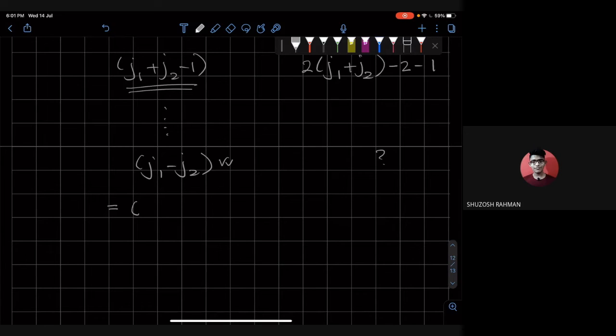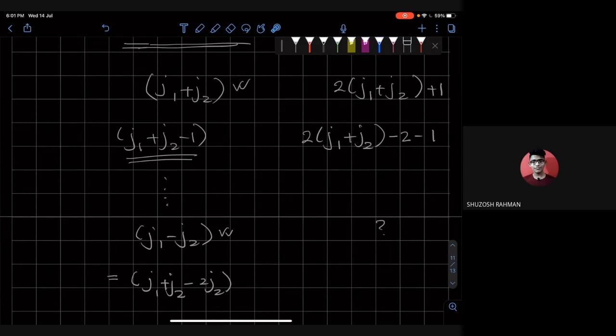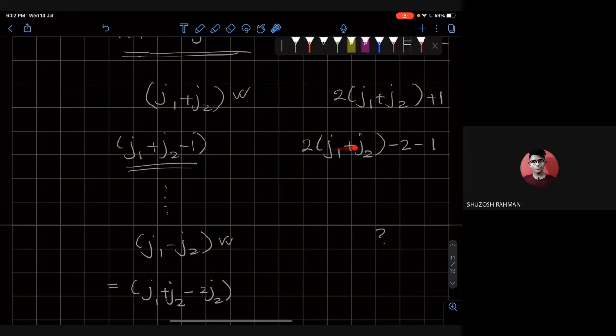That's what I want to find out. So that is going to be J1 plus J2 minus (J1 minus J2), which is 2J2. So to get to the bottom of this list of multiplets, I have to go 2J2 steps.